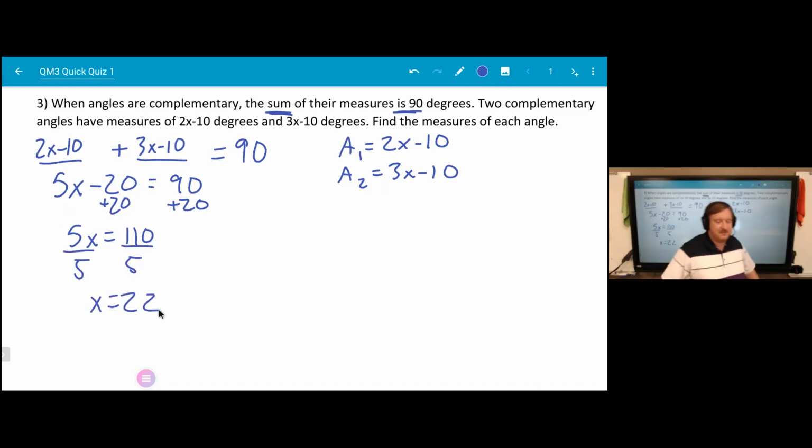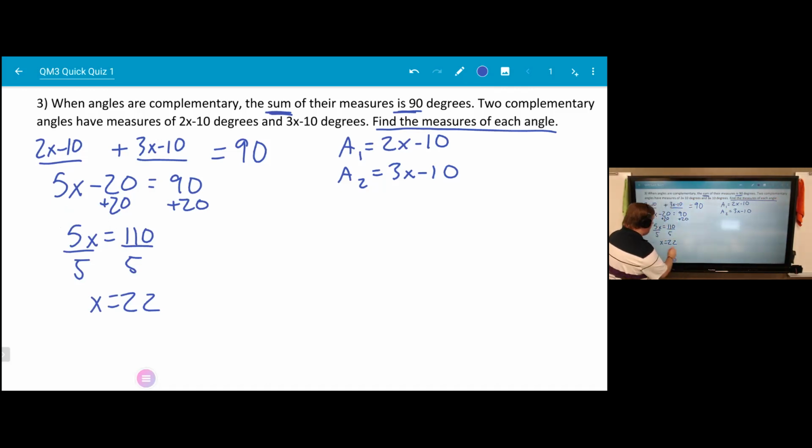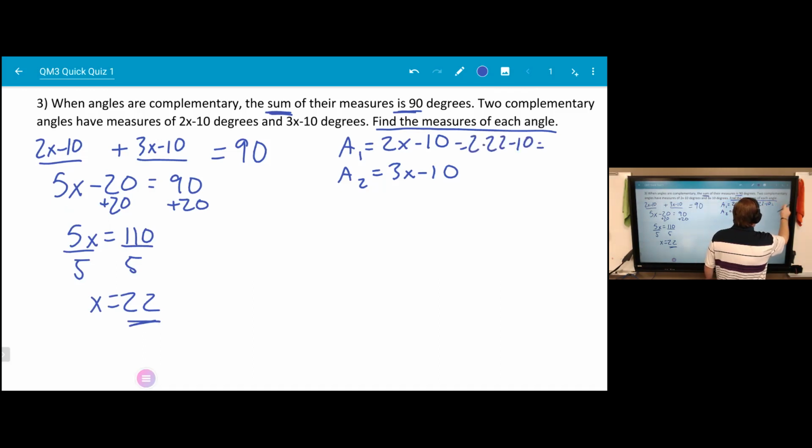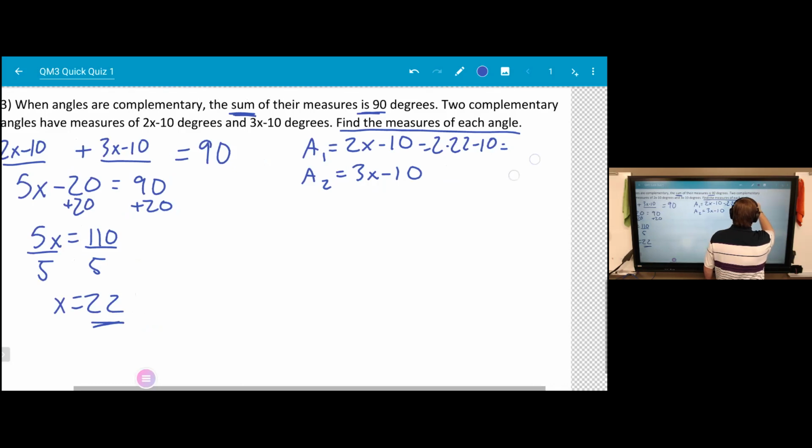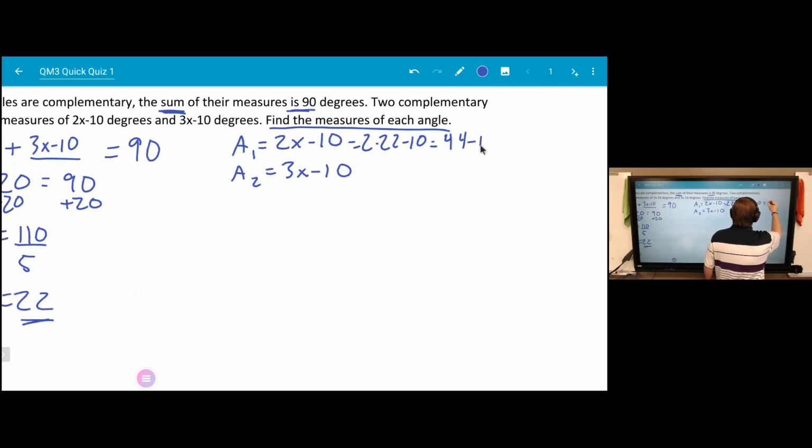Yay, 22. Yeah, that doesn't do anything for me because 22 isn't either angle. Remember, find the measures of each angle. Try to underline instead of cross it out. Find the measures of each angle. Well, angle 1 is 2x minus 10, and now I know what x is. So this is like 2 times 22 minus 10, or 44 minus 10, or 34 degrees.